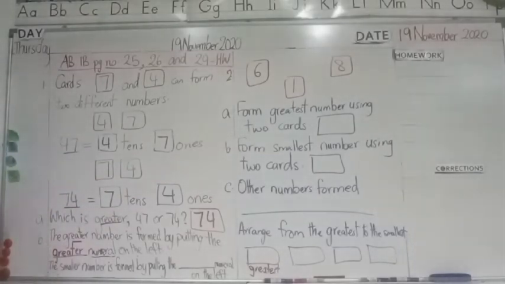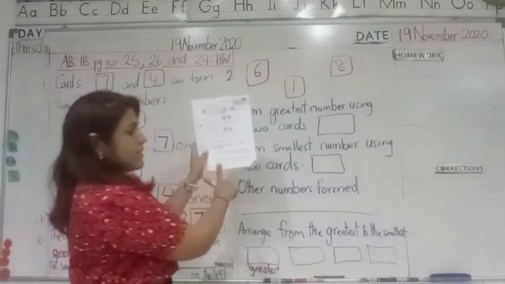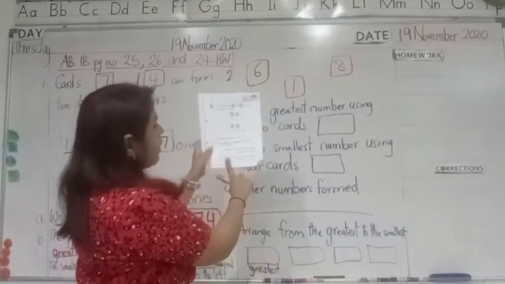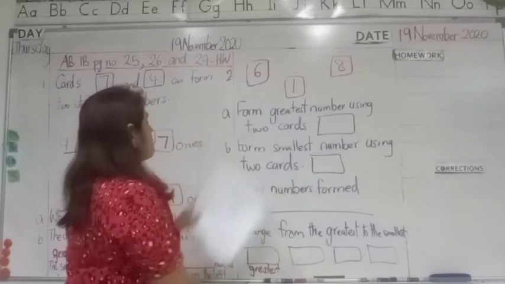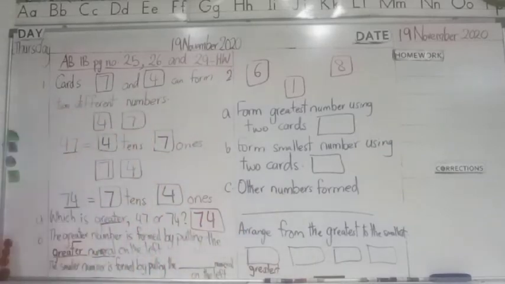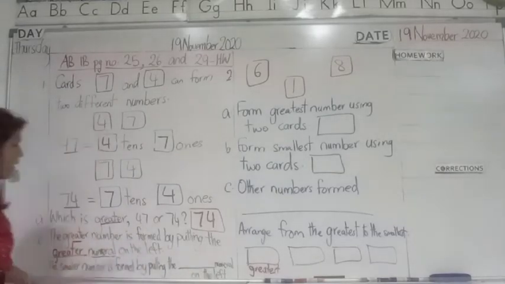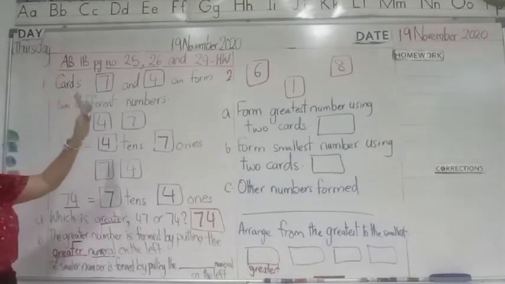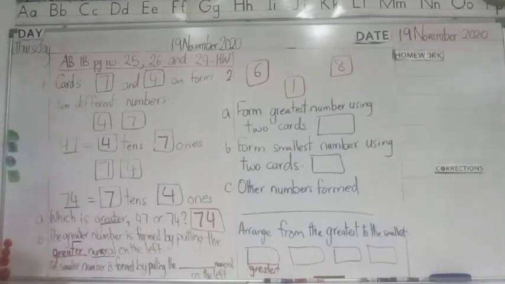What is the second sentence? The second sentence says that the smaller number is formed by putting the dash numeral on the left. Now again left. In tens place, what number should you put so that you get a smaller number?